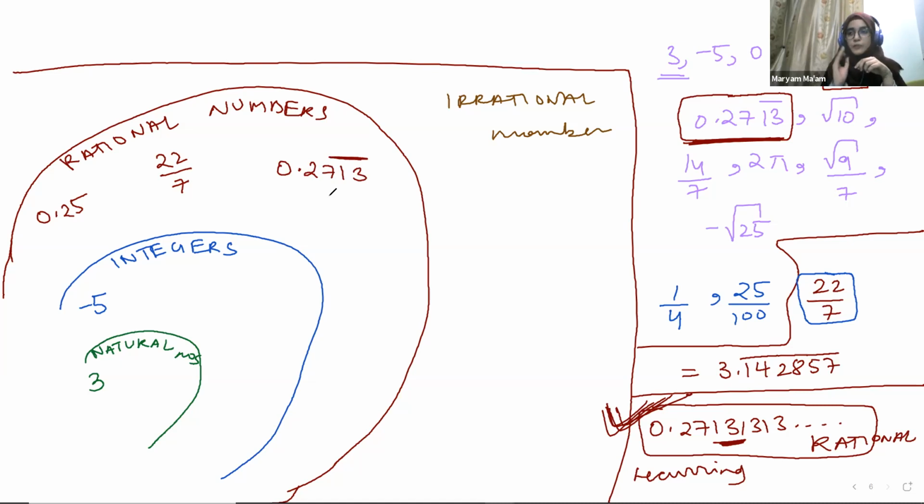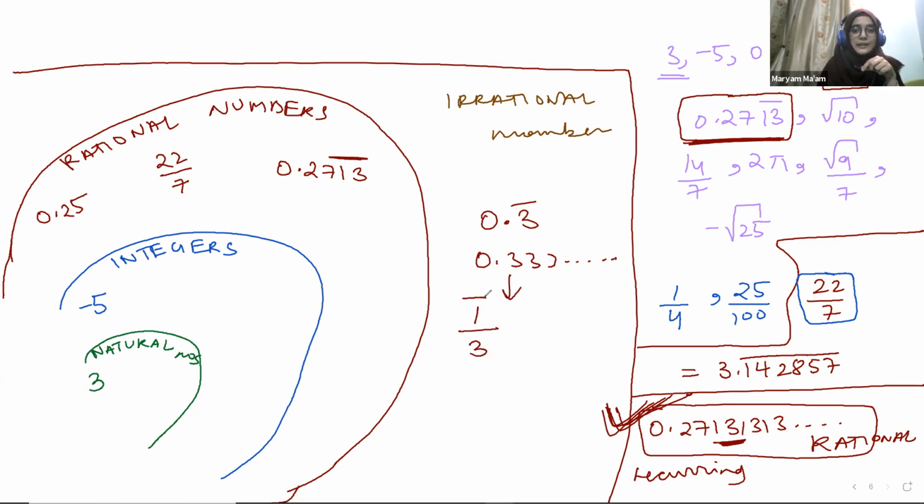And if you get confused, it's okay to get confused. But if you do, just remind yourself of the example of 0.3 bar, right? 0.3 bar means it is 0.3333 and so on. So it is clearly non-terminating. It goes on forever. But we still say it is a rational number. Why? Because we know that this is nothing but the same as 1 divided by 3.